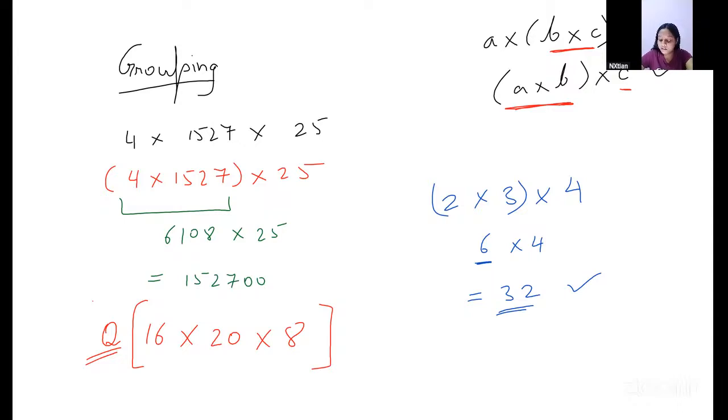Just try to group any two numbers, Shriyan. First multiply them, 16 into 20, teacher. Then multiply the remaining number with it. 16 into 20 as I'm getting is 420, teacher. 16 into 20 is 320, Shriyan.